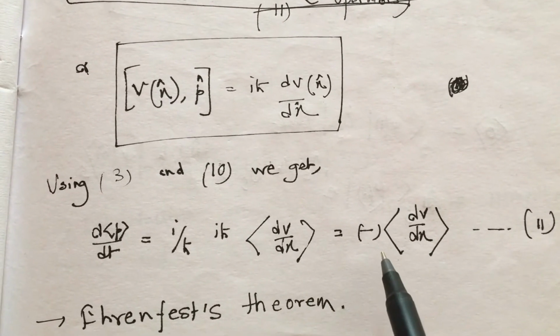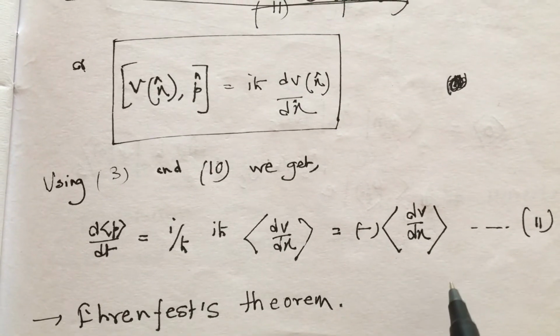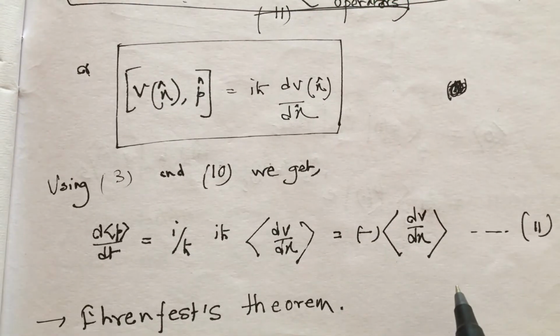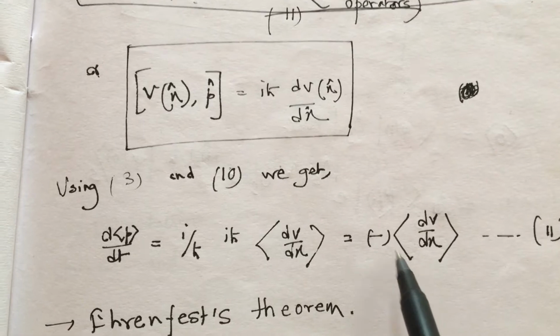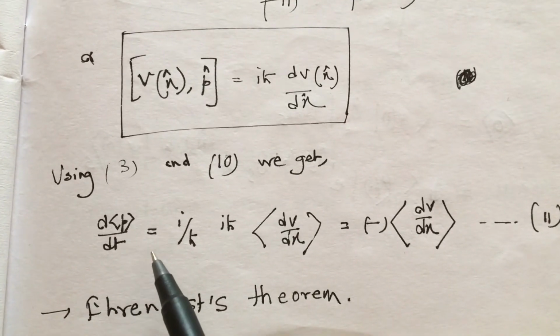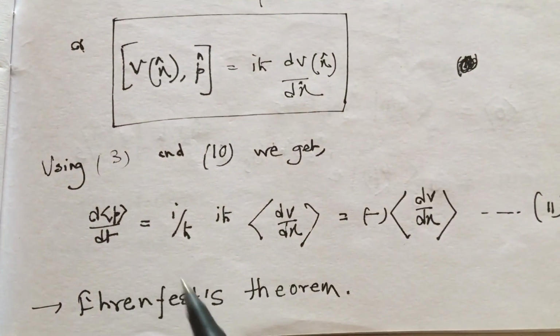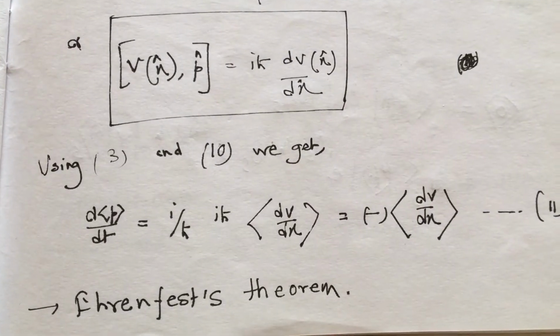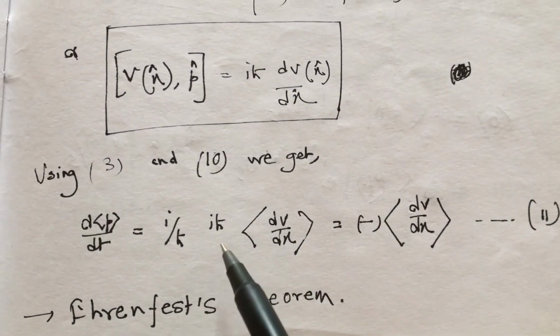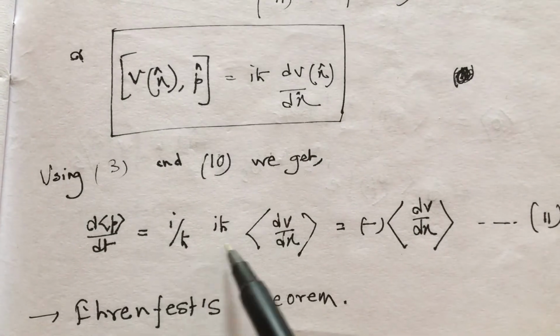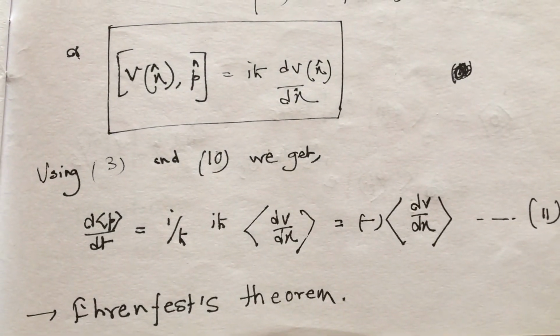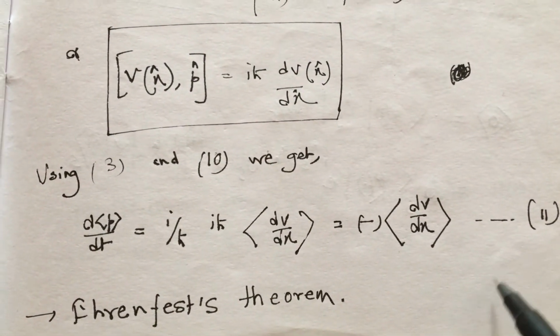Here we have obtained a relation which is almost equivalent to classical mechanics, because we have just thrown out this h cross. This h cross has completely disappeared in equation 11.